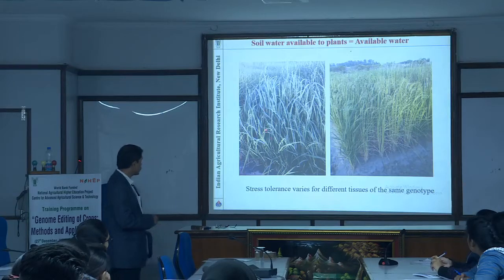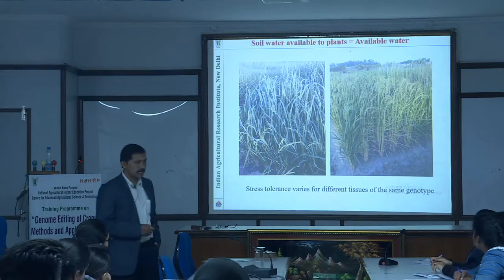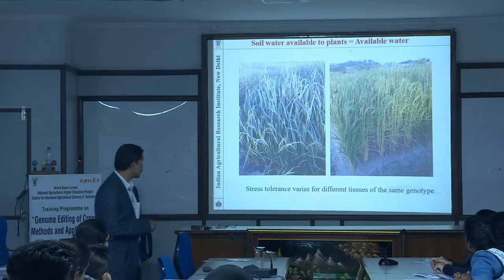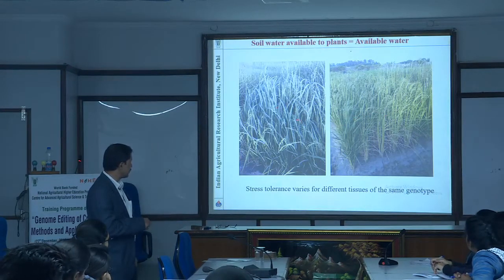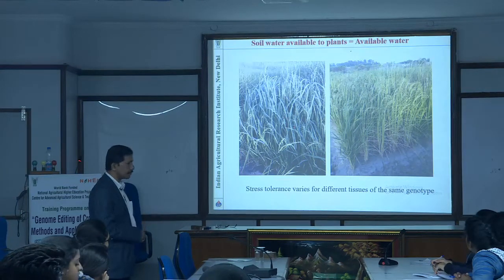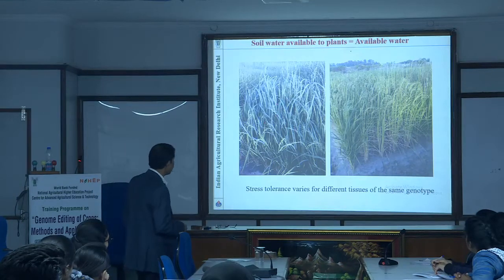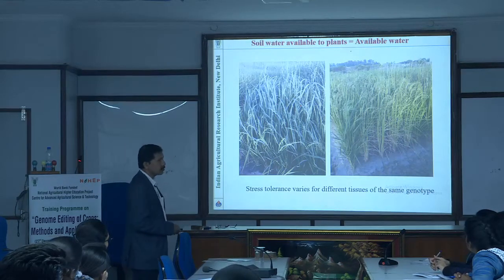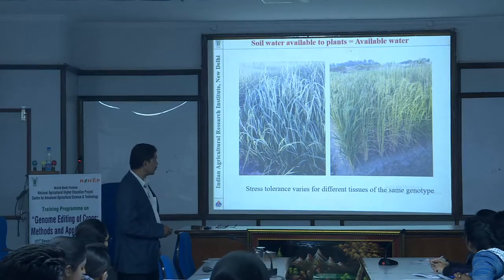But if we look closer, many of these panicles are white. That is, although this genotype performs better for vegetative stage stress tolerance, in that it can maintain leaf water status better, the reproductive failure is more. It is highly sensitive even to a mild amount of stress.